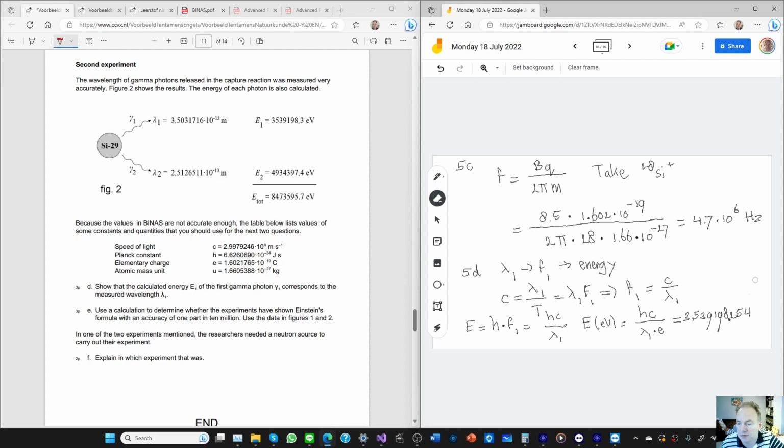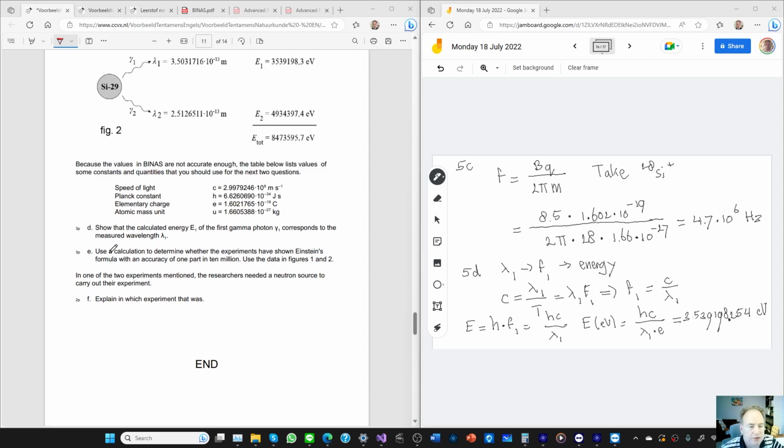So I remove this decimal point. Oh, and the unit should be eV. So that's exactly as given here.